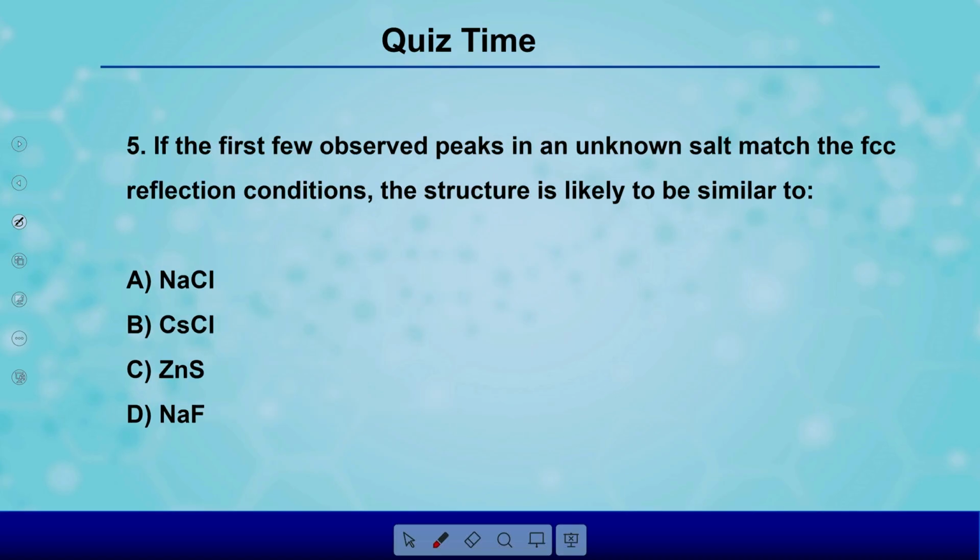The last question, if the first few observed peaks in an unknown salt match the FCC reflection conditions, the structure is likely to be similar to NaCl, CsCl, zinc sulfide ZnS or NaF.